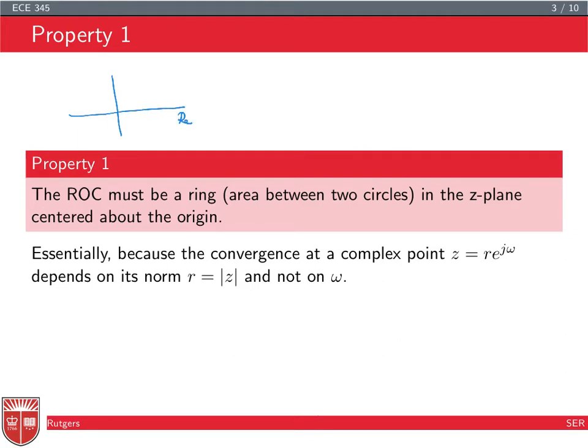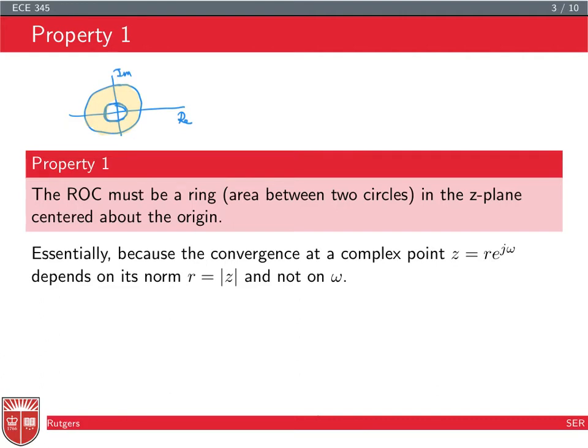This is the real part, this is the imaginary axis, and the Z transform has the following ROC. So it's a ring, so you have an inner circle and you have an outer circle. And what this is saying is that the ROC, in general, may look something like this. So it's the inside of a ring that looks like this.